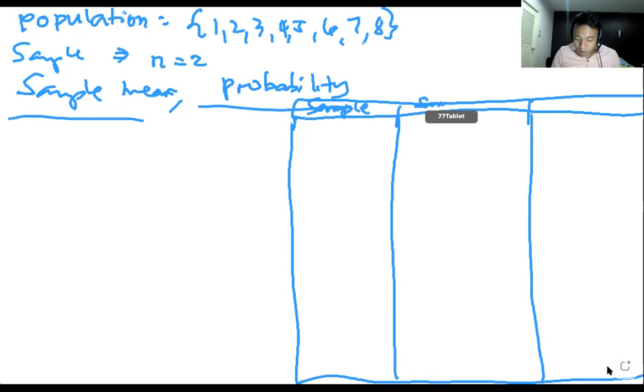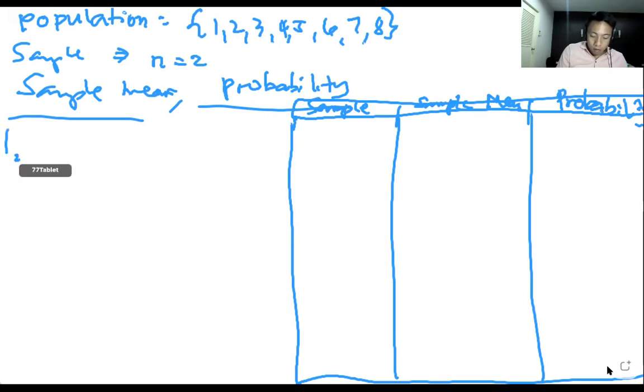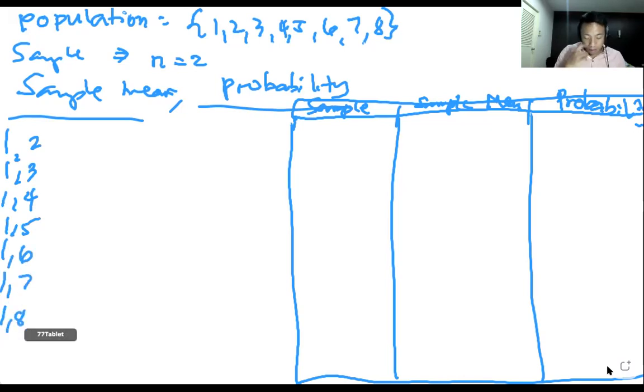This is our sample means and the probabilities. Okay. So we have 1, 2, 3, 4, 5, 6, 7, 8. So let's start with 1. 1, 2, 3, 4, 5, 6, 7, 8. Okay. Next will be 2.